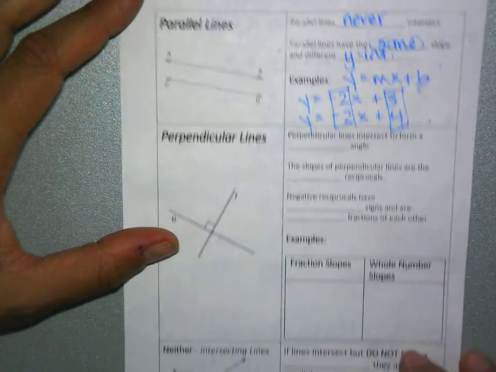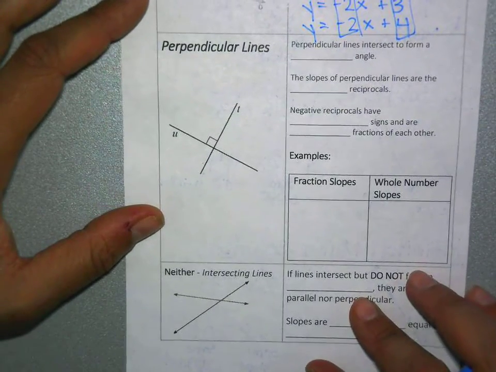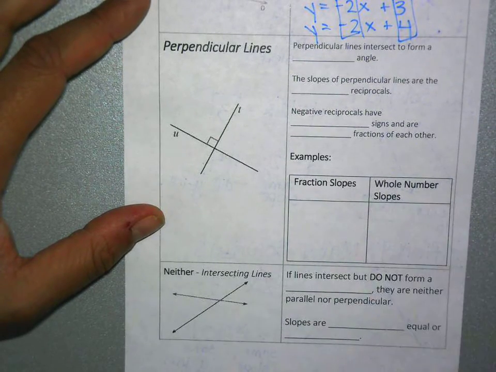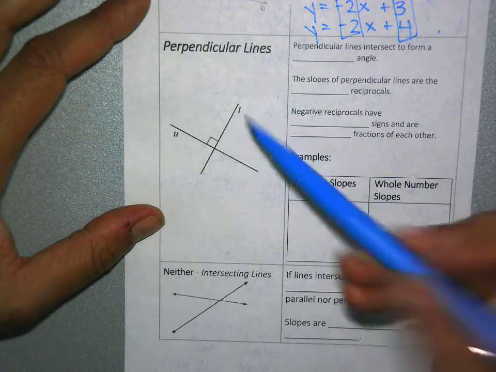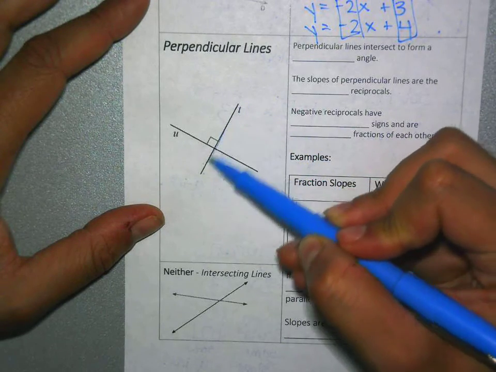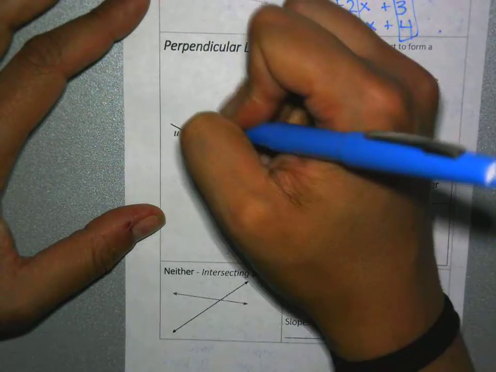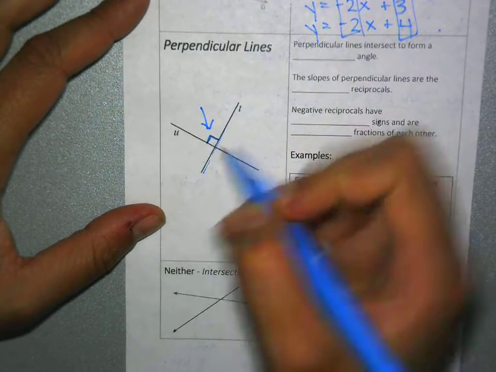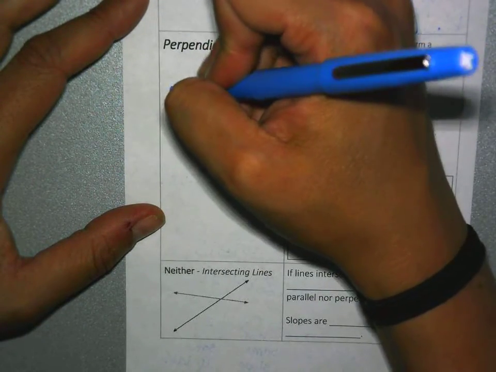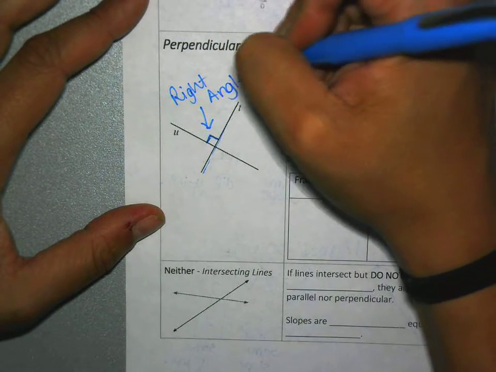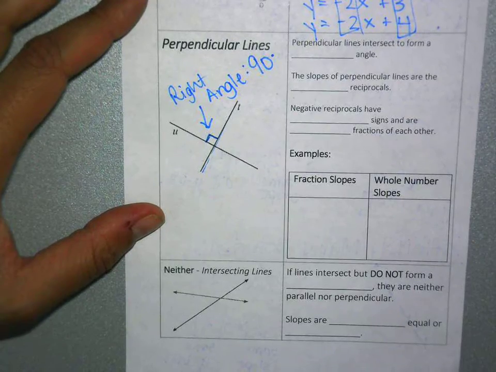Now we're going to add perpendicular lines. This is like the fourth type of system of equation that we haven't talked about yet. So perpendicular lines are special because, as you'll see in this picture, line T and line U form a right angle. You should remember that this little tiny box represents a right angle, and the measure of a right angle is always 90 degrees.